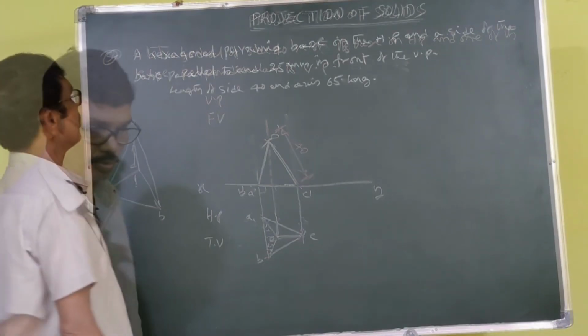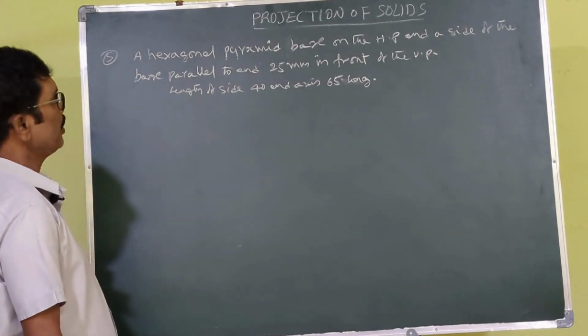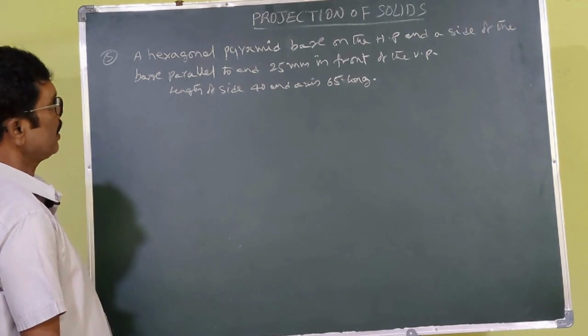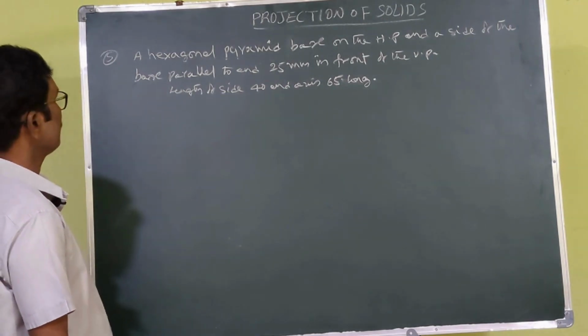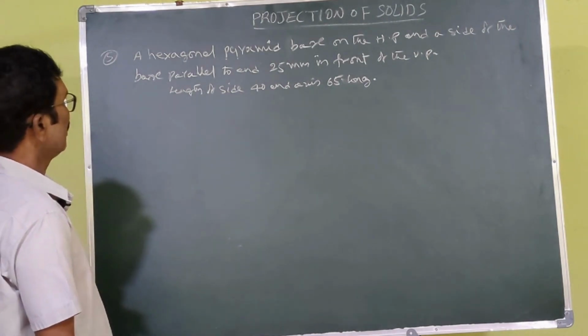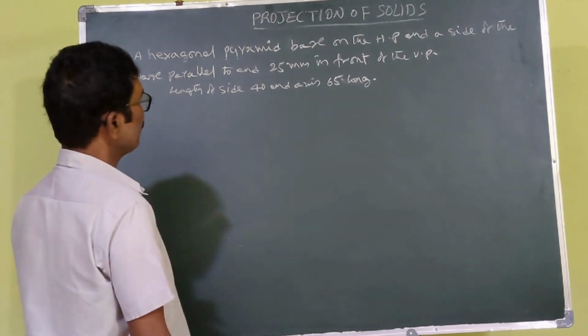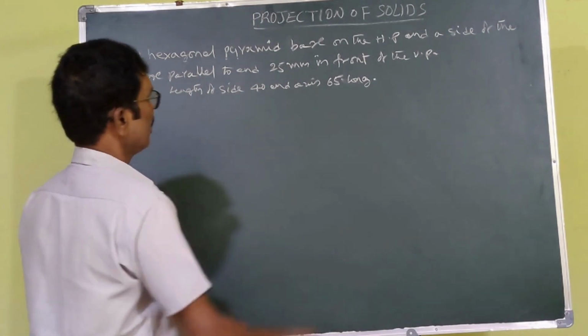Tetrahedron front view problem. A hexagonal pyramid, base on the HP and a side of the base parallel to the VP and 25 mm in front of the VP. Draw its projections.